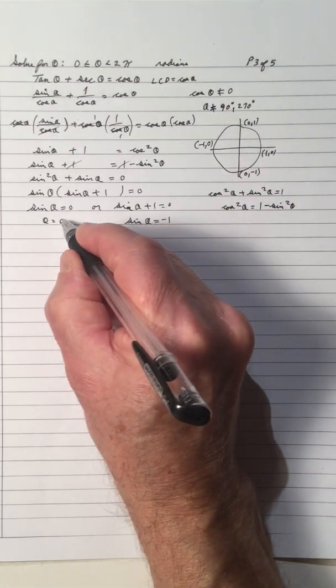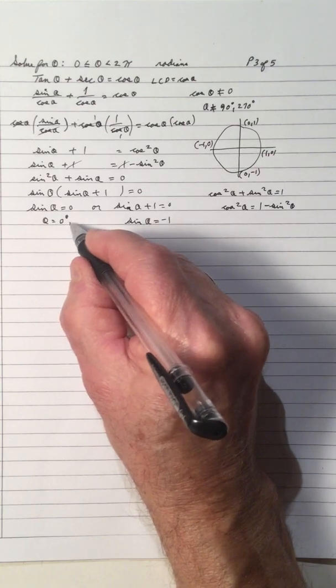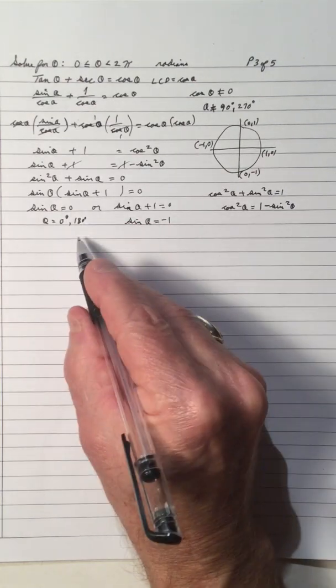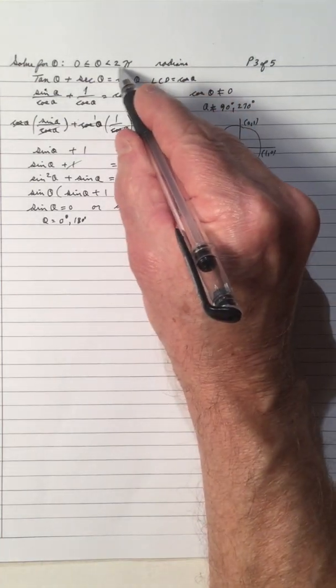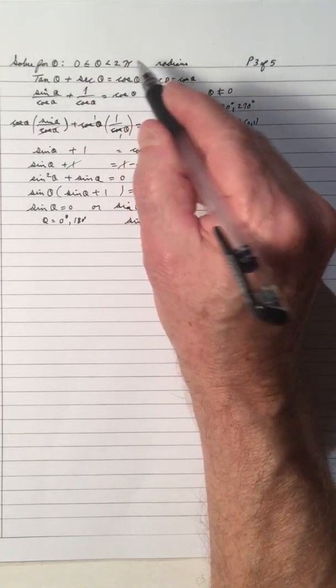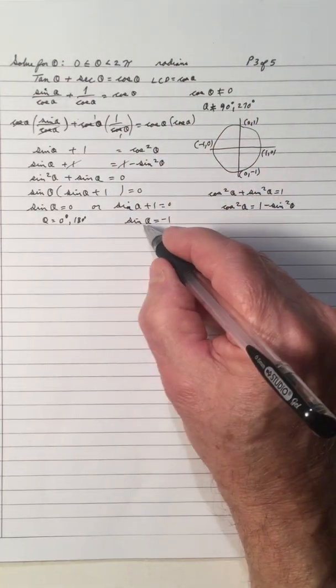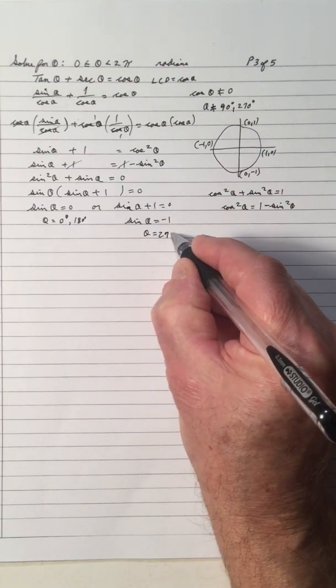Sine is the y, so y is 0 at 0 degrees and at 180 degrees. And we can't go to 360, because we're not allowed to have 2 pi. Sine is negative 1 where the y is negative 1, which is at 270.